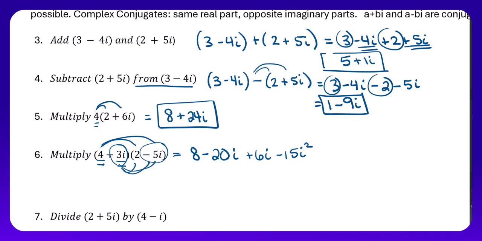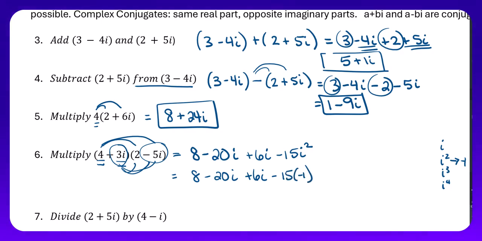So that's i squared. Now, remember from above, i squared was equal to negative 1. So this becomes 8 minus 20i plus 6i minus 15 times negative 1.